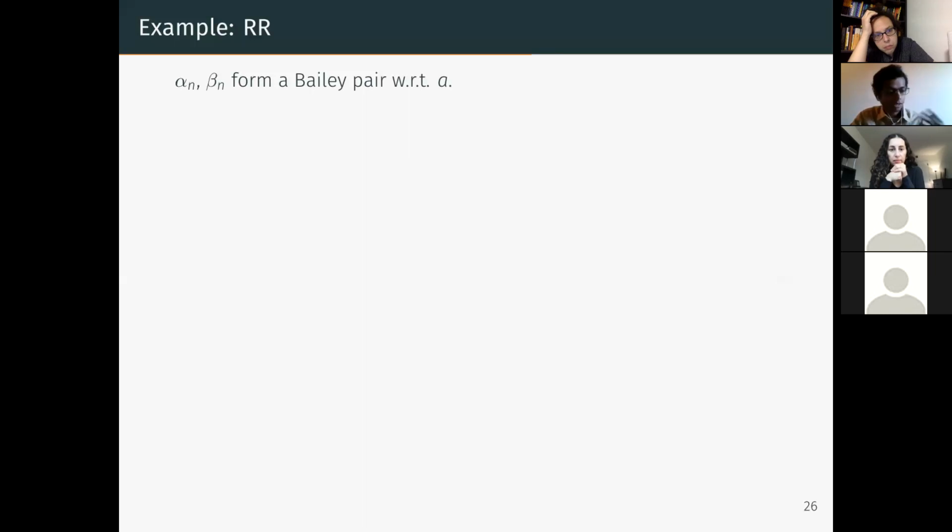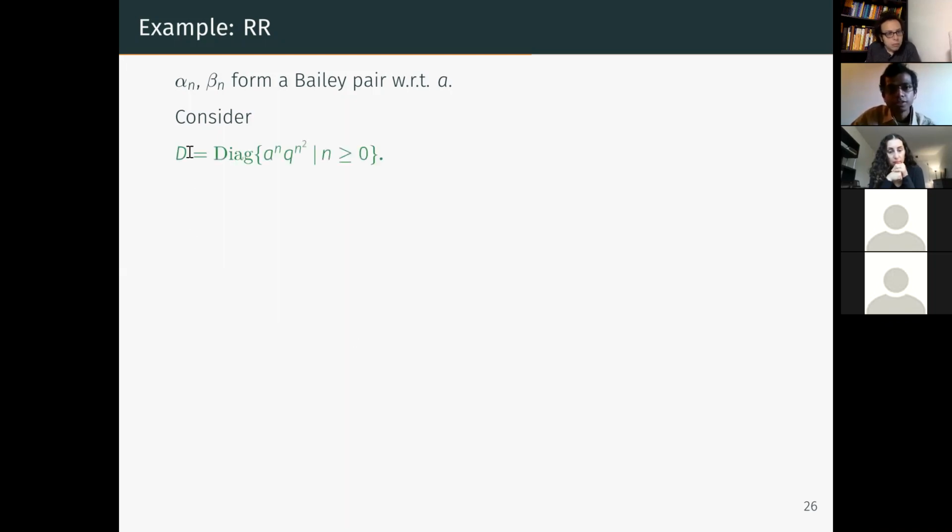Okay, so now let me tell you how to get the Rogers-Ramanujan identity using Bailey machinery. Start with a Bailey pair with respect to a. This slide and the next are going to be general. We are going to need to modify this Bailey pair. So this is any general Bailey pair with respect to a base a.